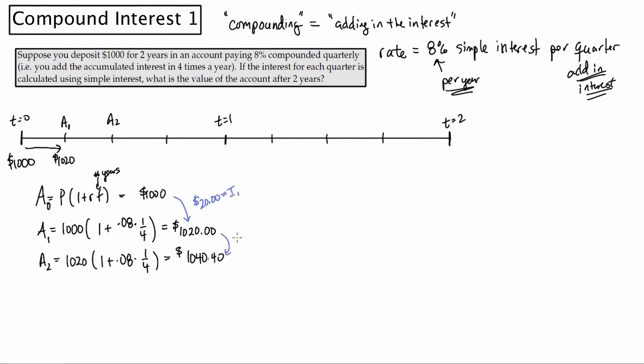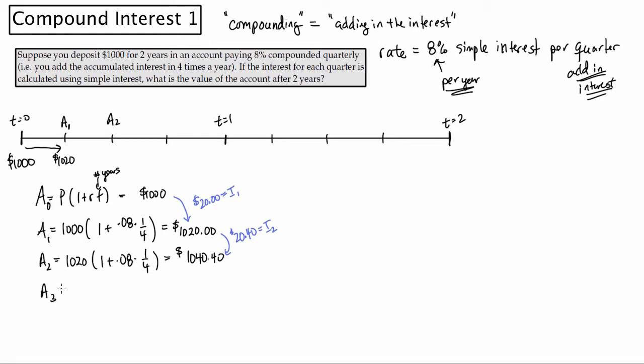The interest earned over the second quarter is $20.40. In other words, it got slightly bigger. The reason is I'm calculating the simple interest not on what I started with, but on what I ended with at the end of the first quarter. That's going to be a recurring theme here: the interest we accumulate increases each and every quarter.